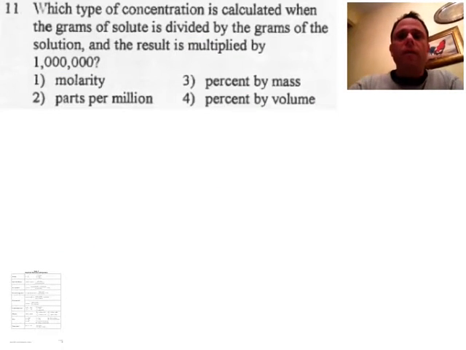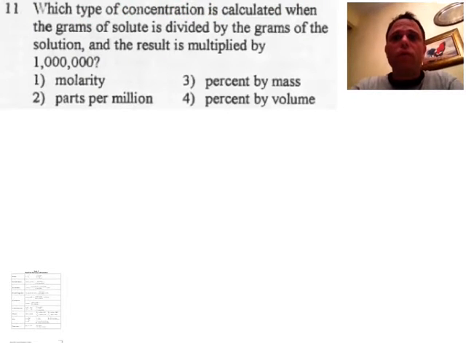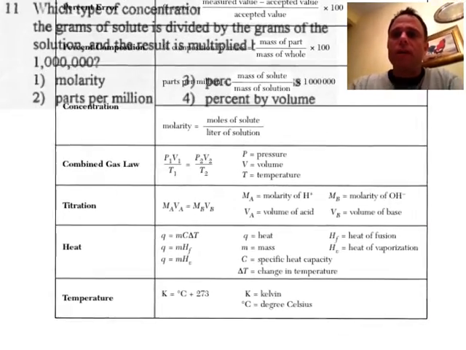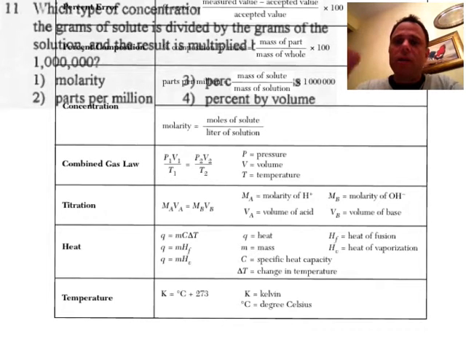Number 11. Which type of concentration is calculated when the grams of solute is divided by the grams of solution and the result is multiplied by 1 million? Let's inspect table T again.